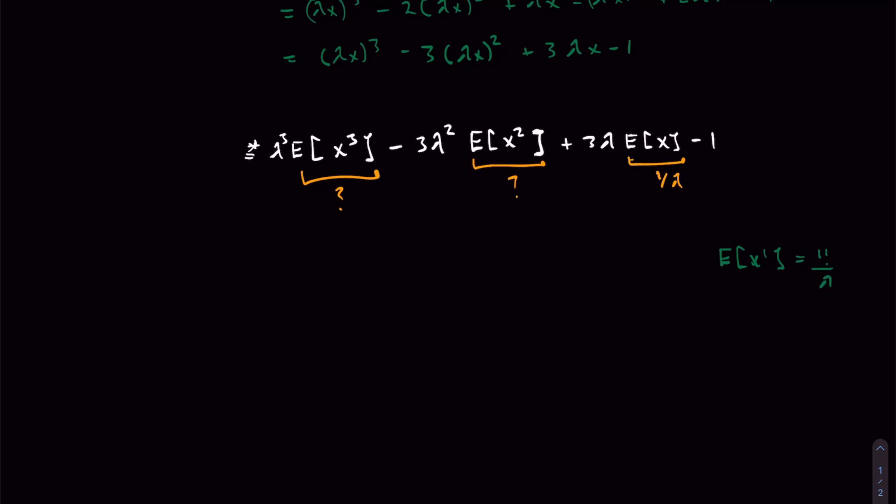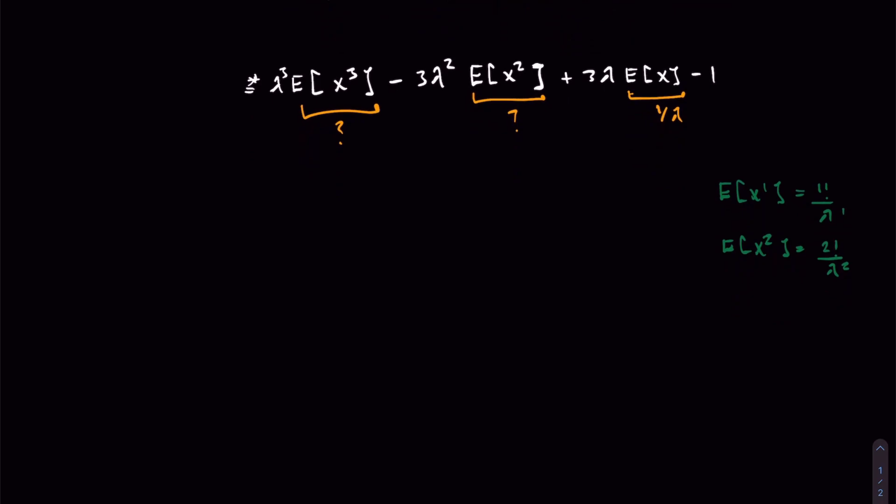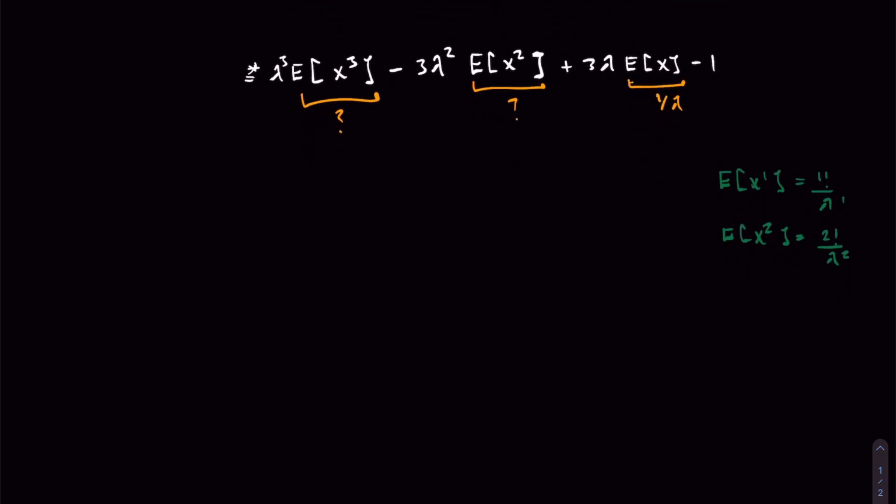Then the expectation of X squared is going to be 2 factorial over lambda squared, and the expectation of X cubed is 3 factorial over lambda cubed.